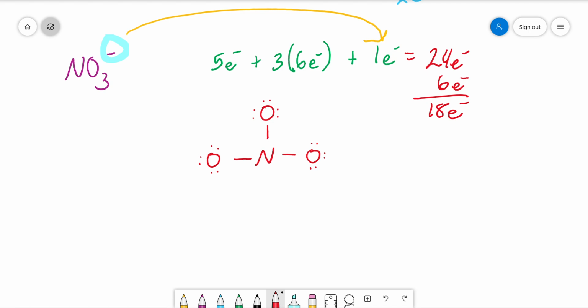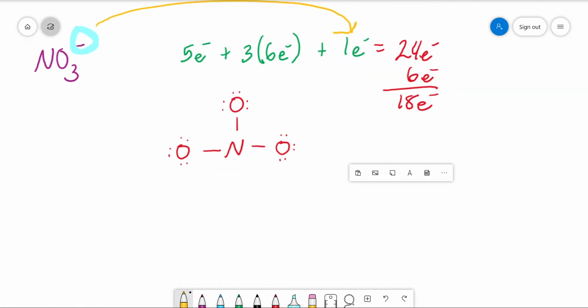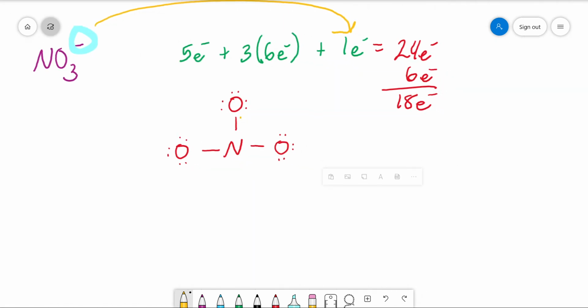Of course, what do we notice? We notice that nitrogen does not have a full octet. So I'm going to take a pair of electrons from anywhere. It doesn't matter which oxygen. We'll talk more about that later. And make that double bond. Now nitrogen has 2, 4, 6, 8 electrons.